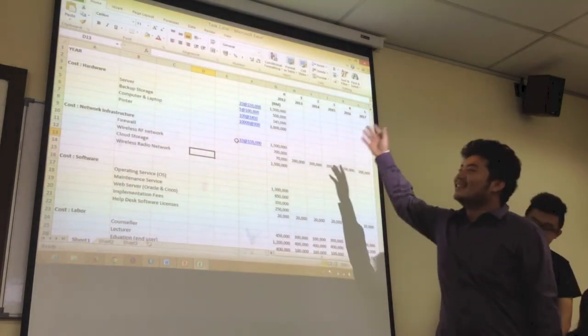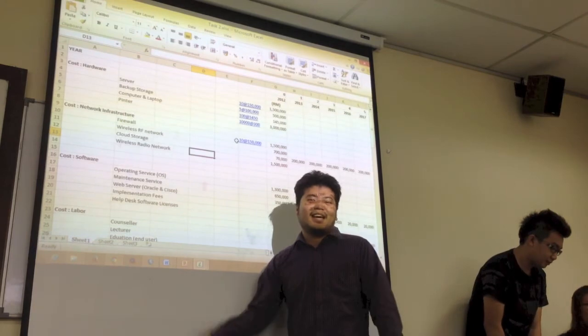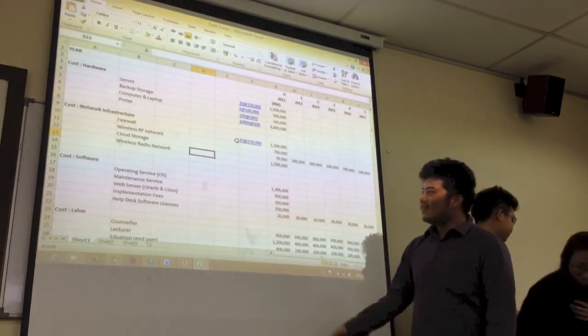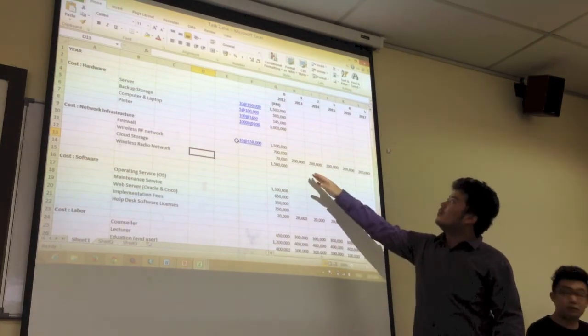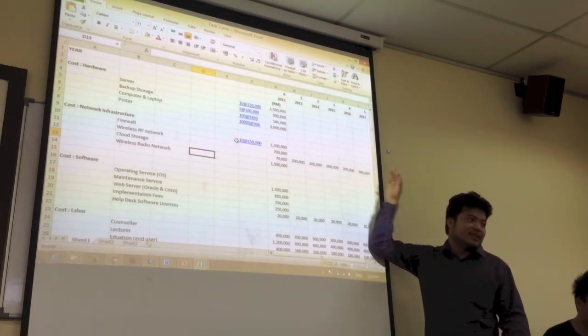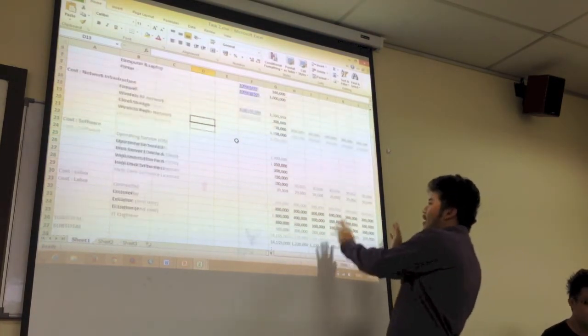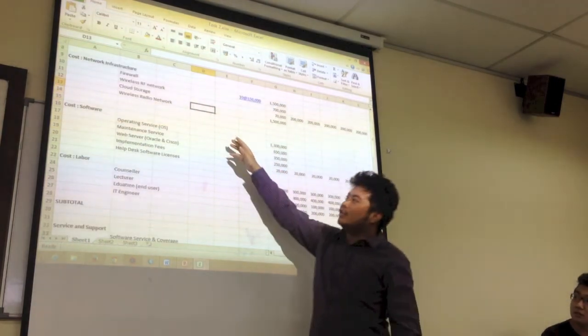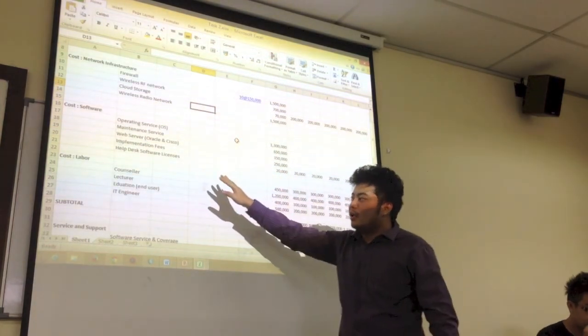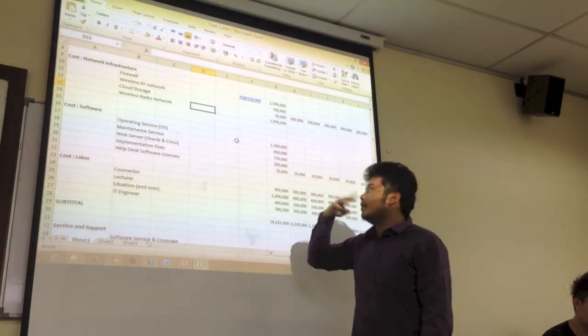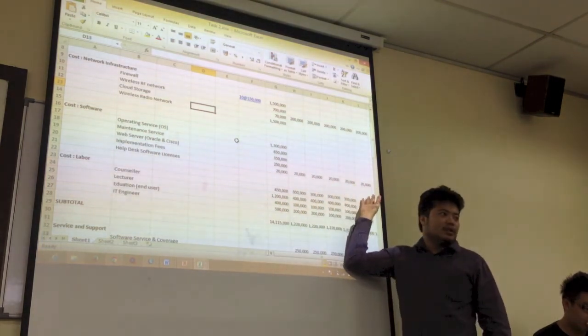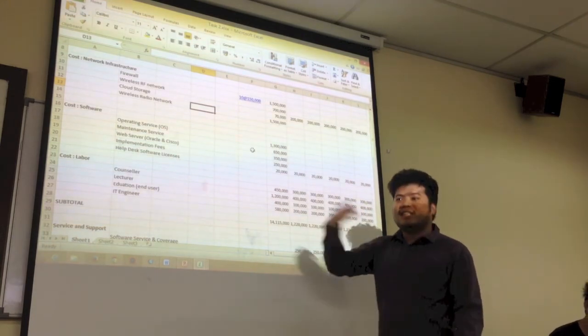Okay, this is the analysis. Here you can see the figures and everything. We calculate on the base of 6 years. Here you see the software and all the costs of the organization, and why sometimes the costs increase in the first year, second year.